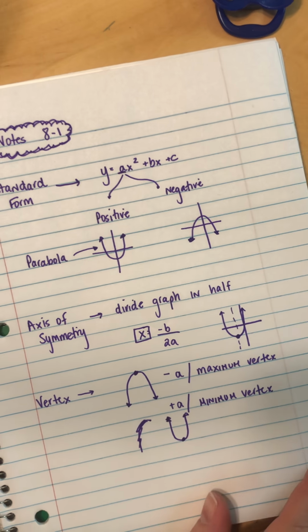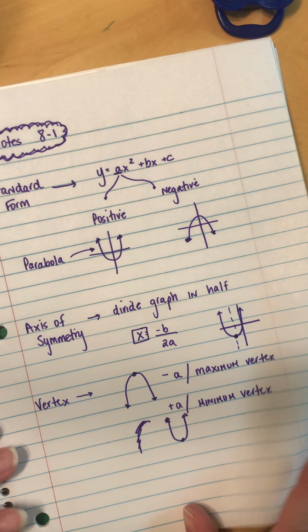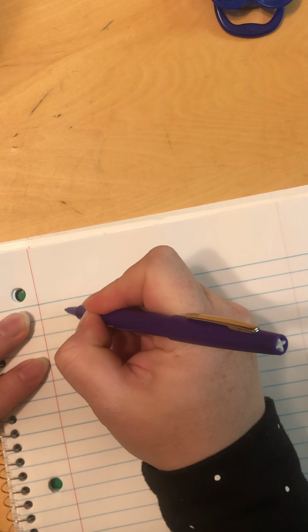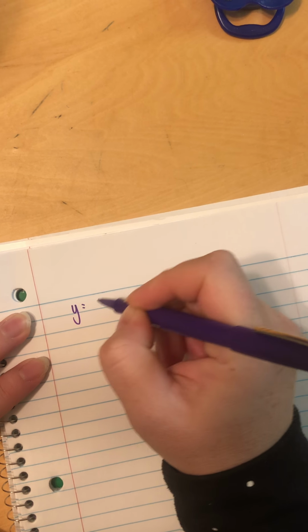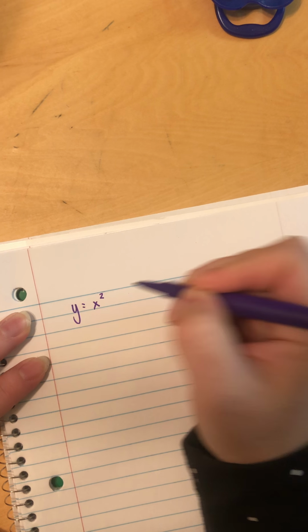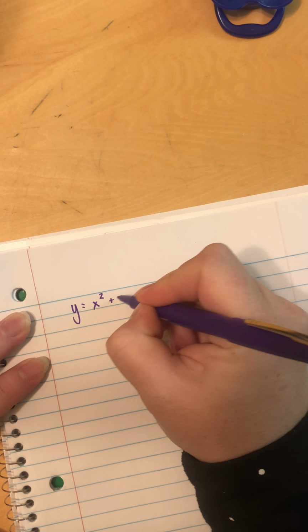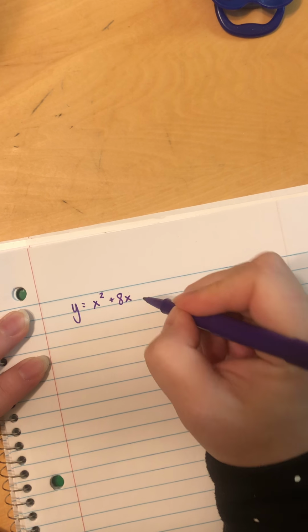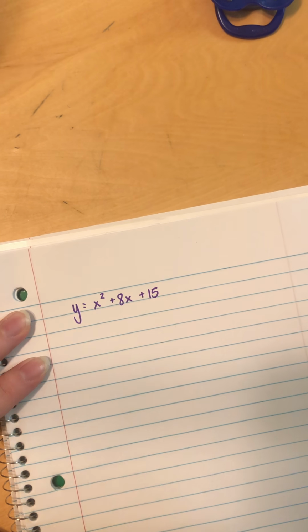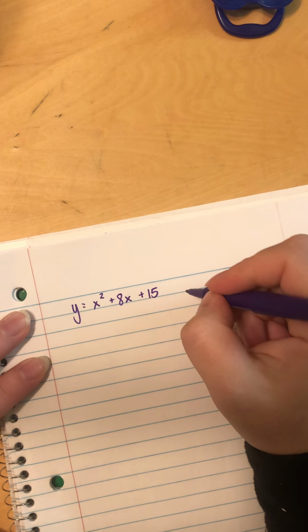All right. So, an example on the page. Your first example was y equals x squared plus 8x plus 15. And this one asked you for your axis of symmetry.